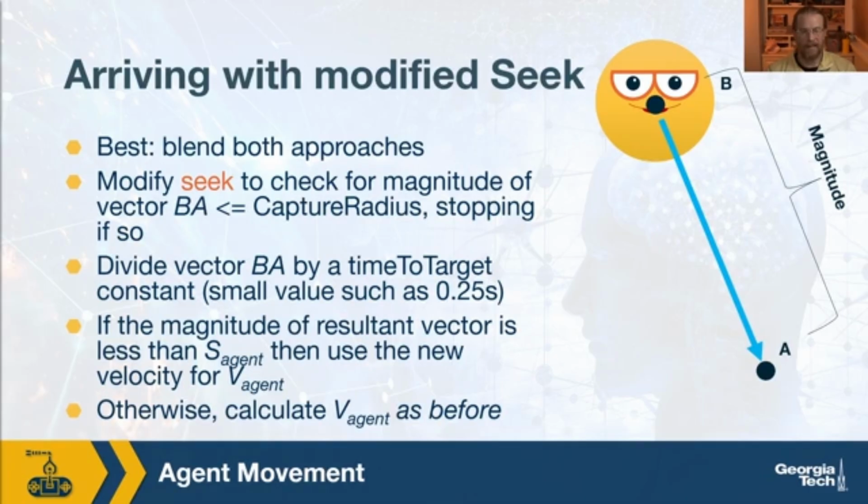Otherwise, if BA divided by the 0.25 gives a velocity whose magnitude is faster than the speed of the agent, in that case, we'll just use our old strategy and calculate V agent as before, and just go full speed towards the target until we trigger that slowdown that's handled by BA divided by time to target.